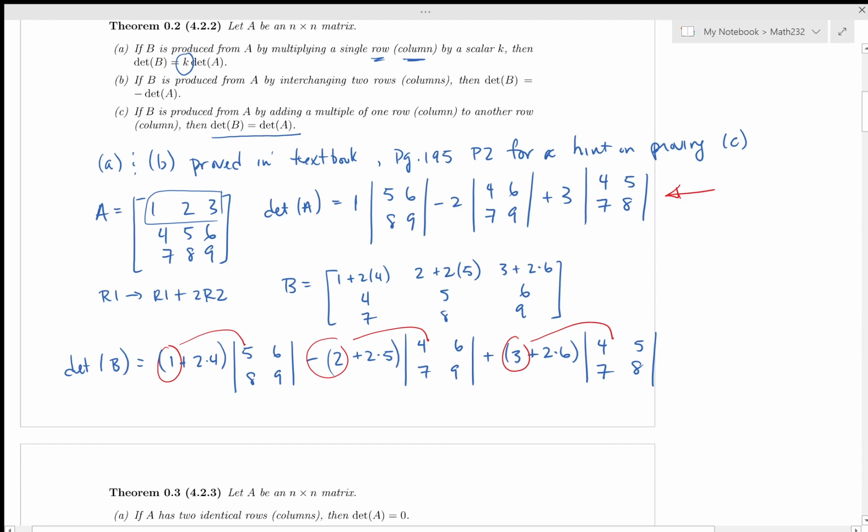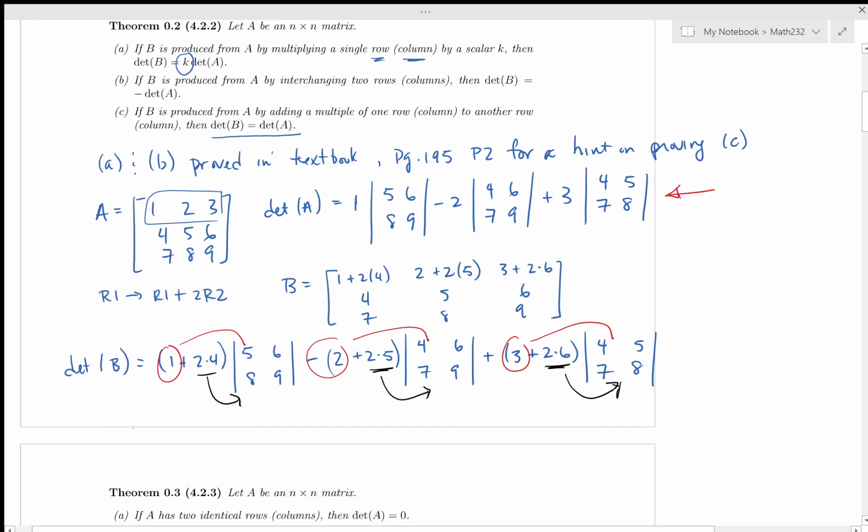So for this statement to be true, the other three products have to be equal to 0. That is, 2 times 4 times the determinant of this, 2 times 5 times the determinant of that, and that times the determinant of that have to be equal to 0 if det A is going to be equal to det B.